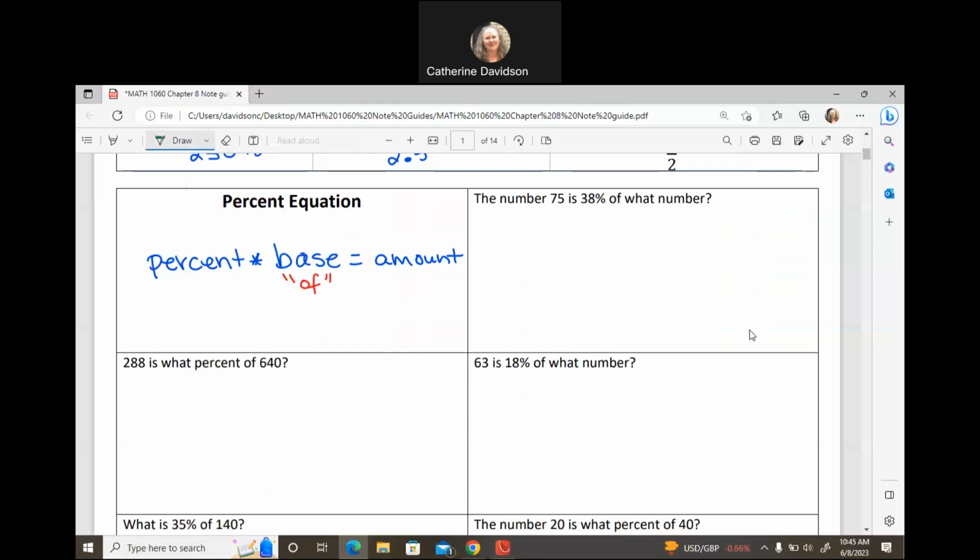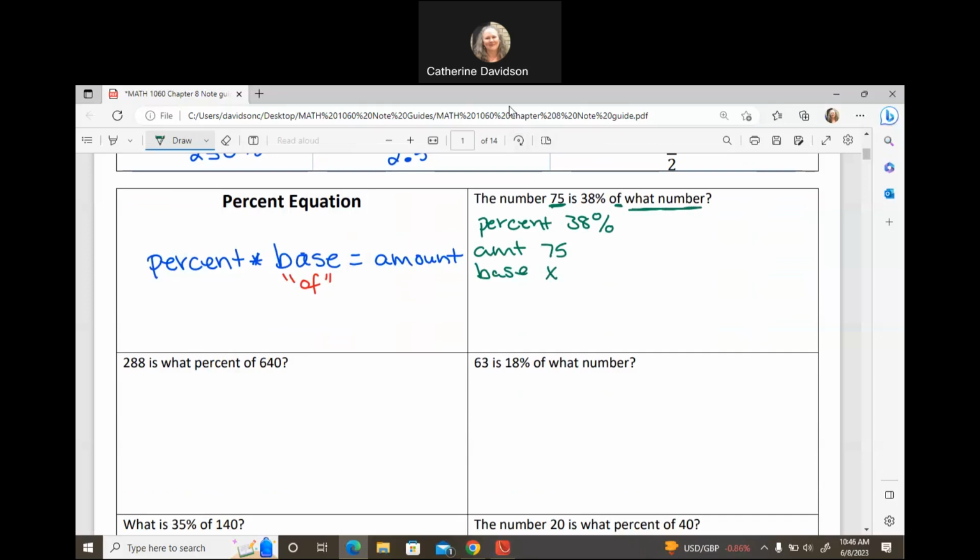So we know the percent is 38%. So is 75 the amount, or is that the base? 75 is going to be the amount. Of comes in front of the base, of what number? That's what we don't know. That's going to be our unknown. That's going to be our x.